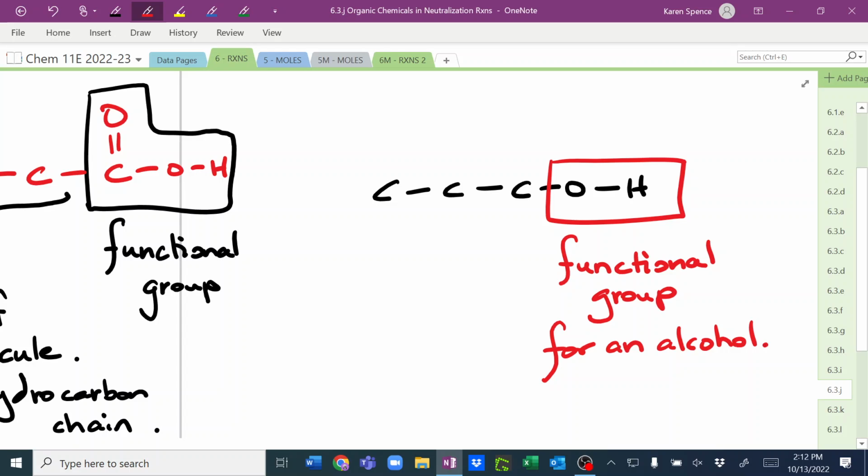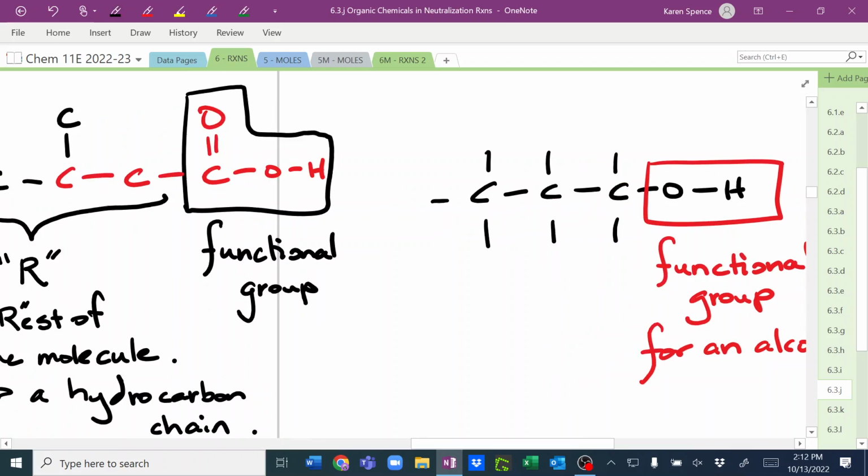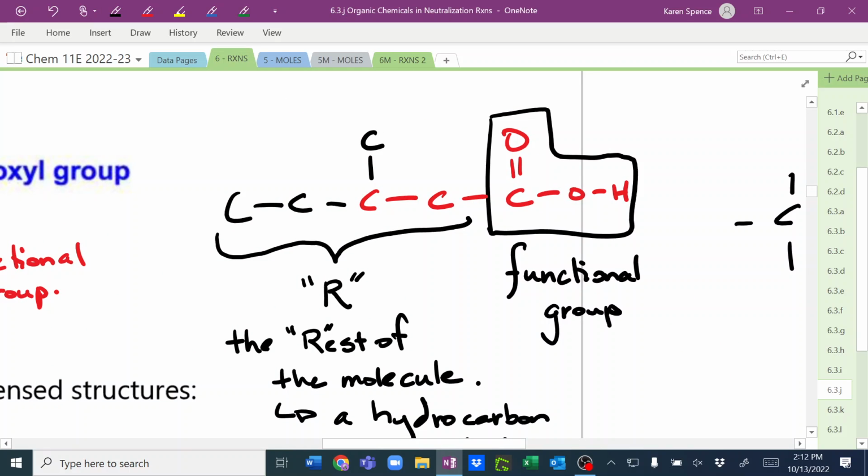So, for example, we have our hydrocarbon chain here where all of these little bits are hydrogen and carbon. And if we stick an OH on it, now we have an alcohol. If we have a hydrocarbon chain and we stick a C double bond OH, then we have a carboxylic acid.